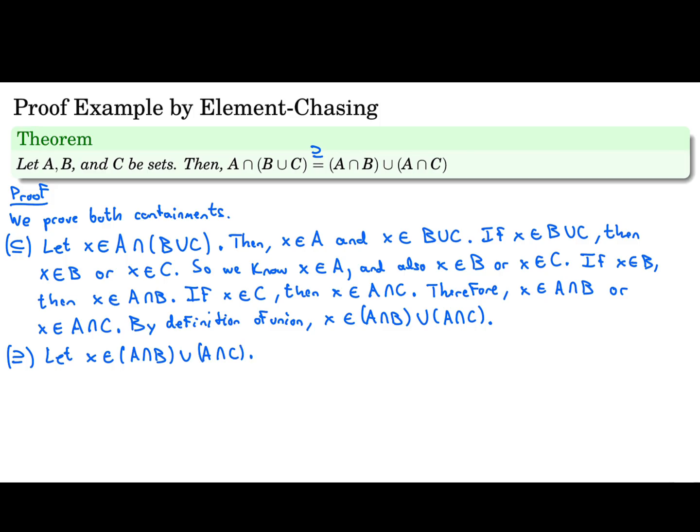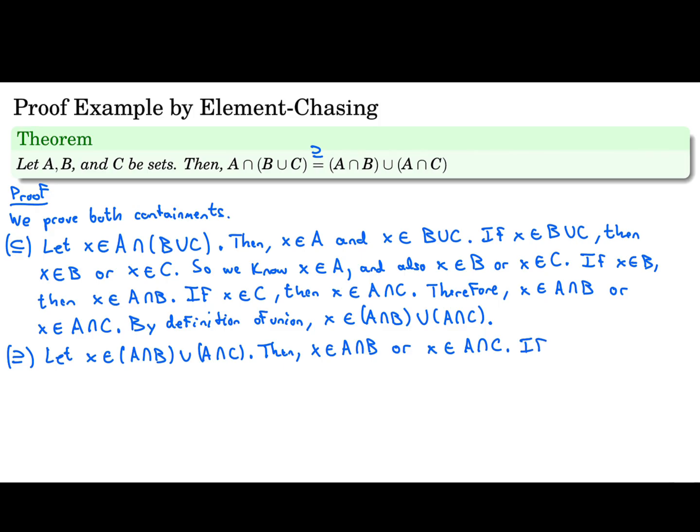Again, by the definition of union, X belongs to A intersection B, or X belongs to A intersection C. That means there are two cases. X has to either belong here or belong here.